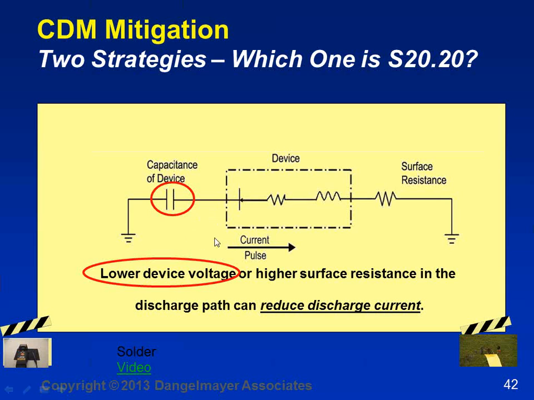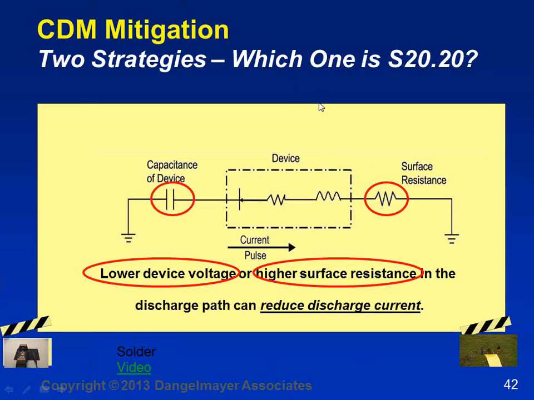So that has its drawbacks. Now, the other opportunity is to manage the surface resistance at the interface, or at the point of contact between your product and ground or any conductive object. This is a viable remedy as well.